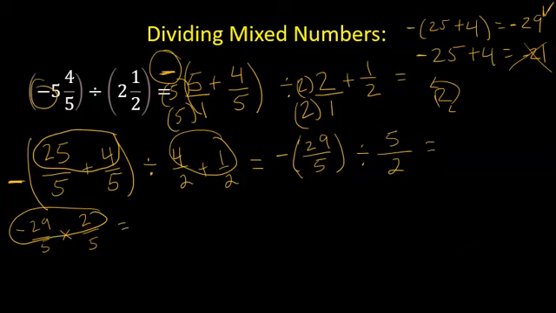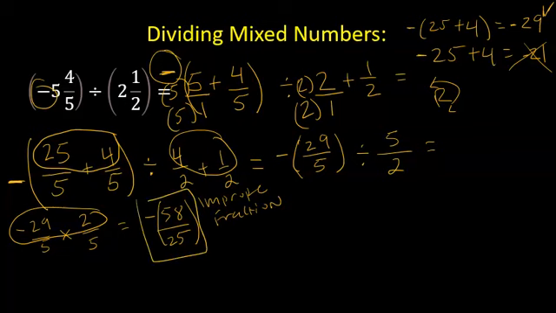Negative 29 times 2 is negative 58. 5 times 5 is 25. Great. This is an improper fraction. I don't believe I can reduce it any further. So this is technically the right answer. Make sure you got that negative in there. This is right. But we need to convert it into a mixed number.